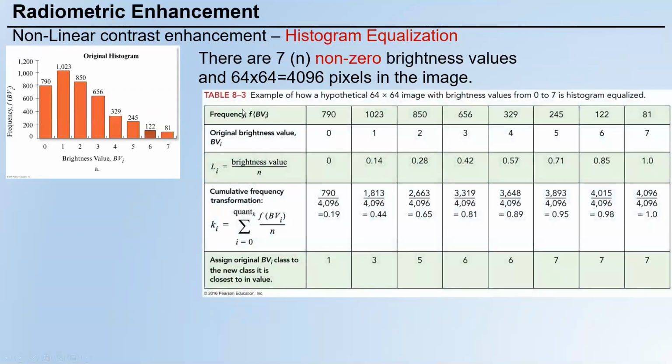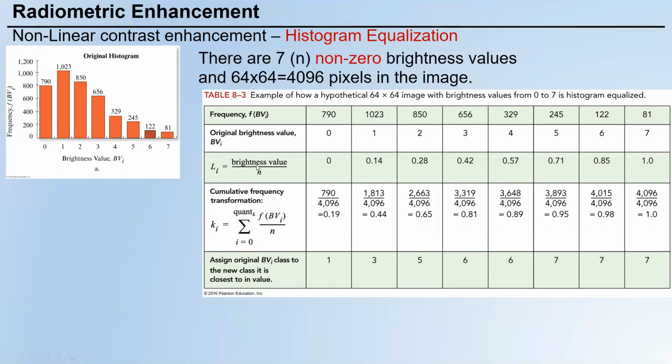Here is a table showing you details according to this original histogram. The original brightness value is BVi. For value 0, we have 790 pixels. This is what the first bar is trying to tell you in this histogram: in class 0, there are 790 pixels. Similarly for class 1, class 2, until class 7, and their frequencies are here. The next row is called Li.